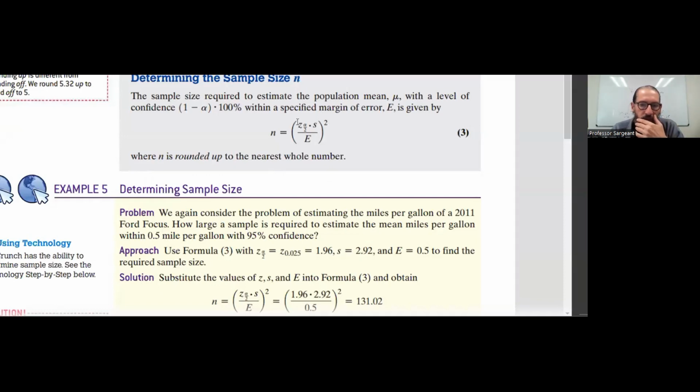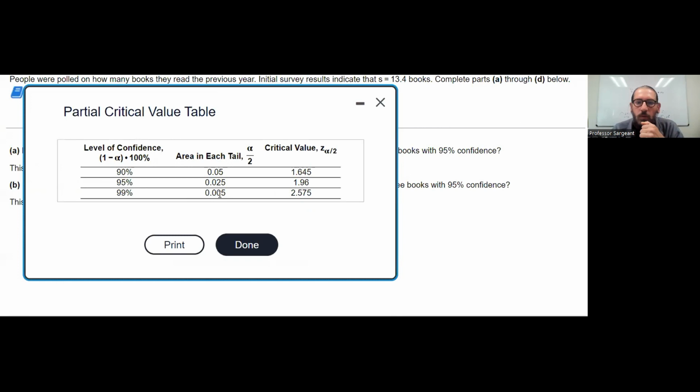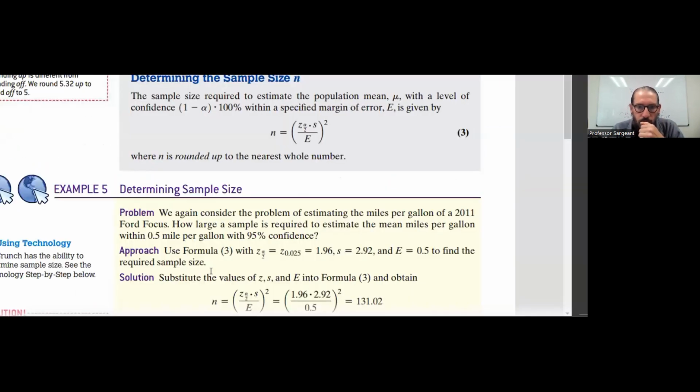So larger confidence level should give us a larger Z value. And I'm right about that. Larger confidence level, larger z-value. And that's if you're keeping the same standard deviation for the sample and the same margin of error, that's going to make that fraction larger. And so squaring it's going to be larger. Larger sample sizes coming from a higher confidence level.